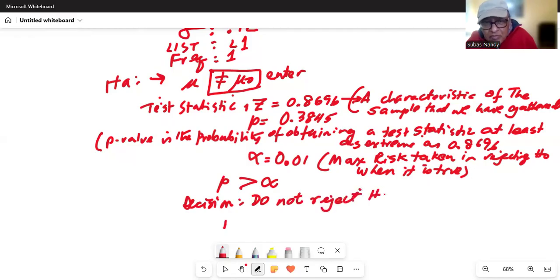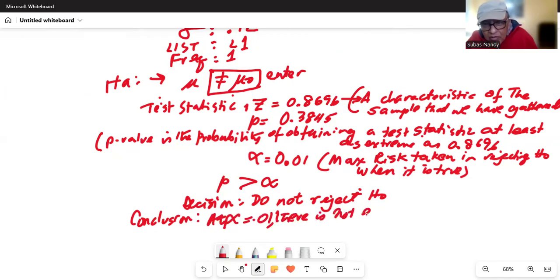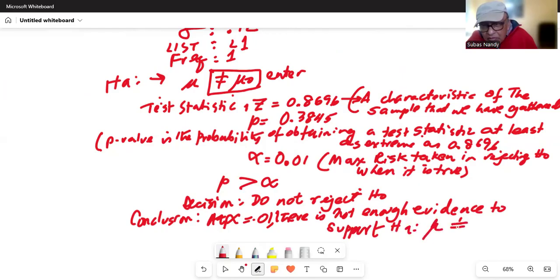Remember the H0 is mu equal to 12. So we can conclude, at alpha equal to 0.01, there is not enough evidence to support the alternate, to support HA, which states mu not equal to 12.